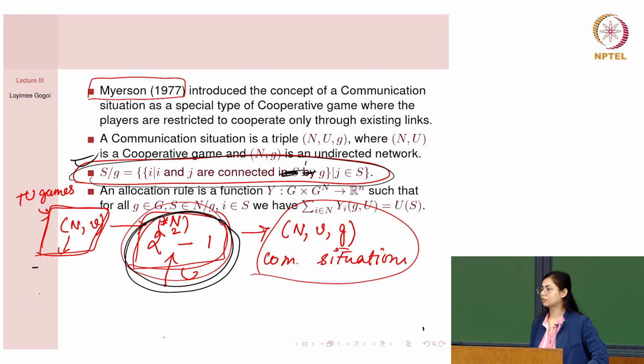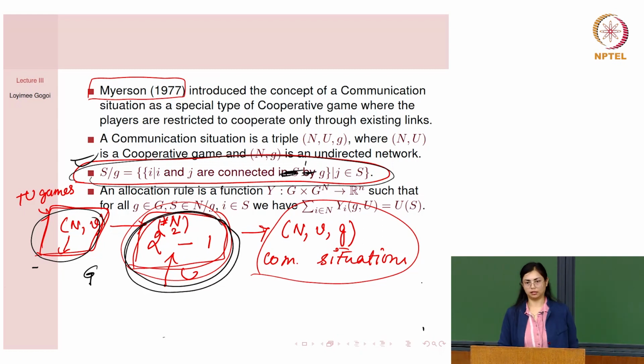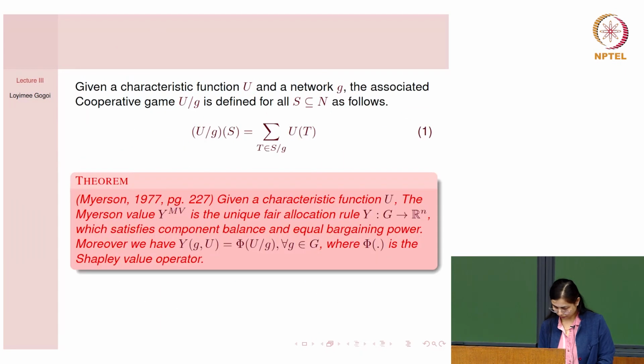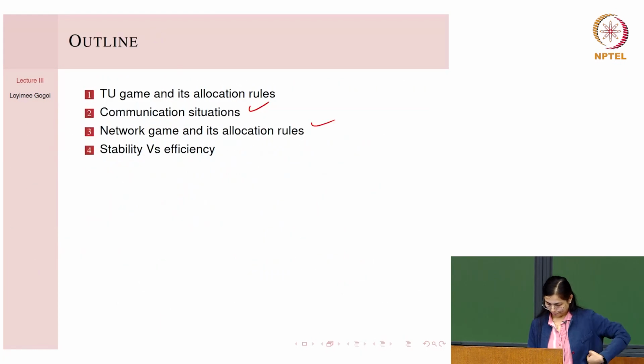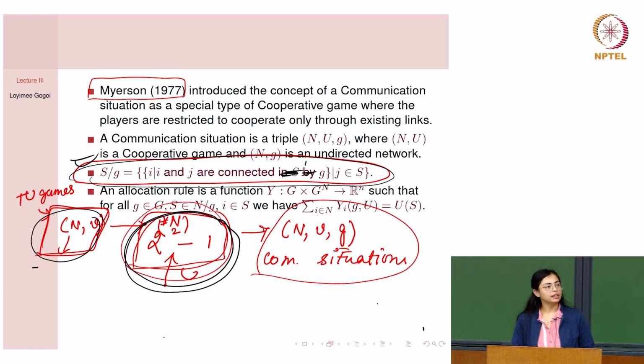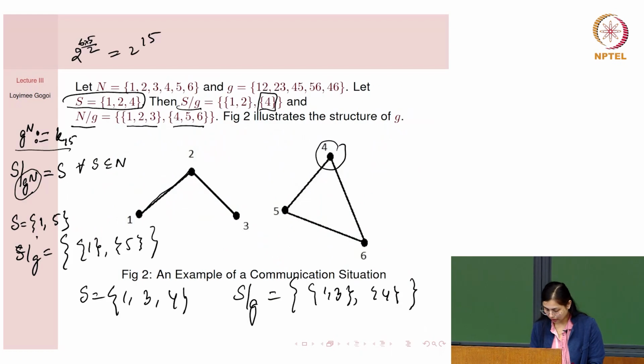Okay, do you have any questions? As I said, for a particular TU-game we have, for each graph, one communication situation. Next, for each communication situation we can define one associated cooperative game.